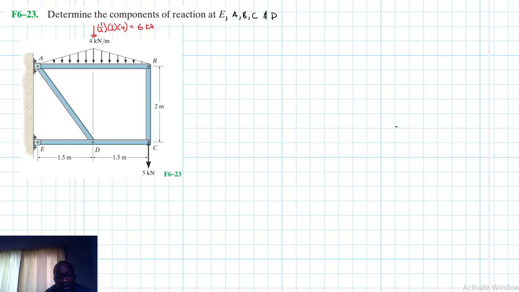All right. So let's isolate a portion of that particular structure, and redraw it and then start working it out. So there we go, we have that load there like this.